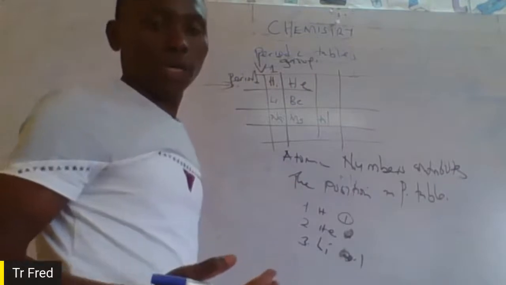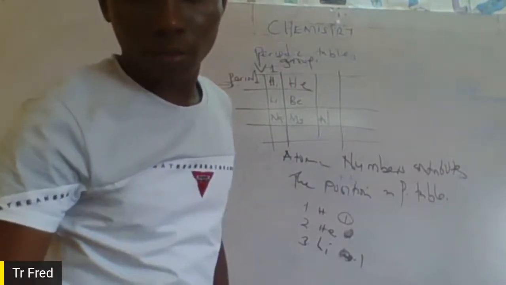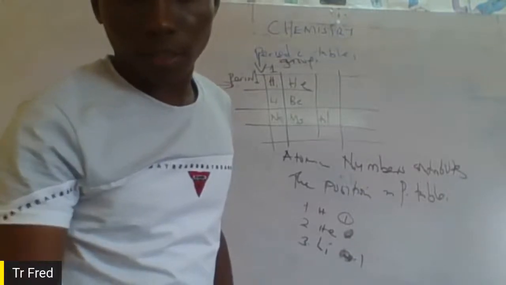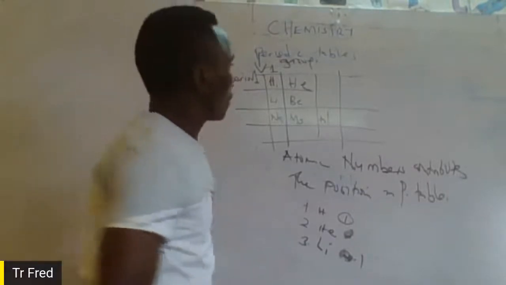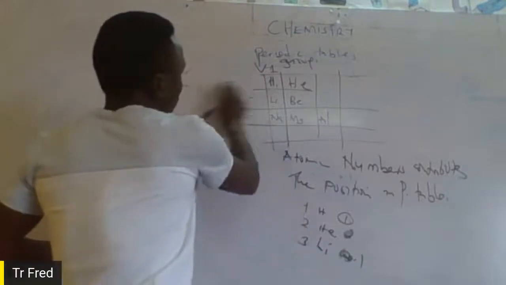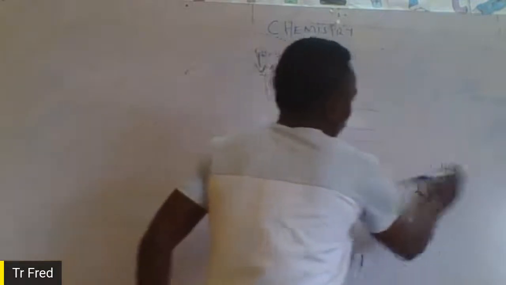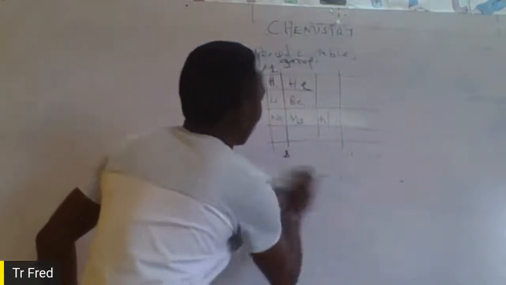Therefore, a question may come and ask, for example, here we have a question that is telling us that the paper consists of 3 elements. The elements have been represented in terms of letters instead of the real elements.